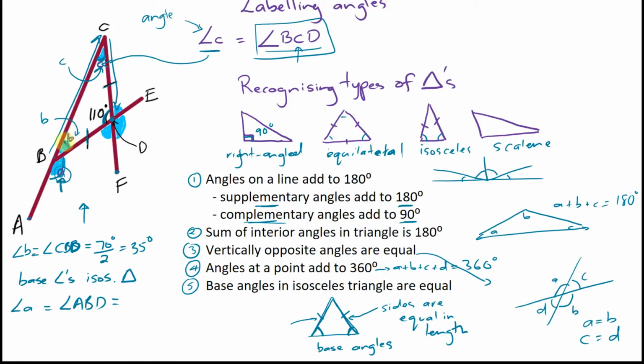So I know that B is 35, which means angle A is equal to 180 minus 35 degrees, which is 145 degrees. And the reason for that is angles on a straight line add to 180.